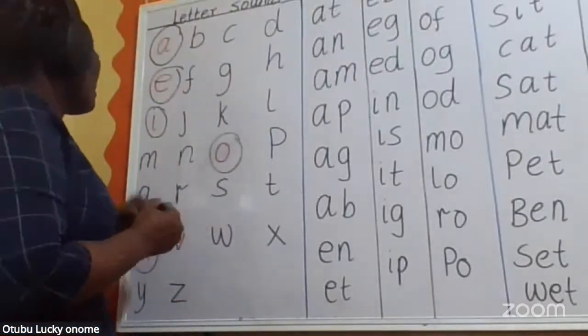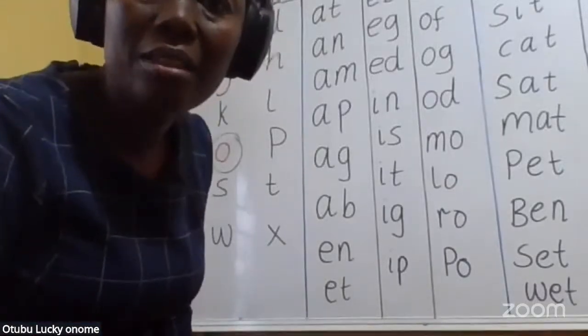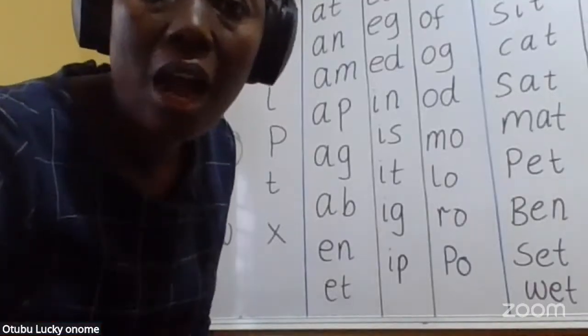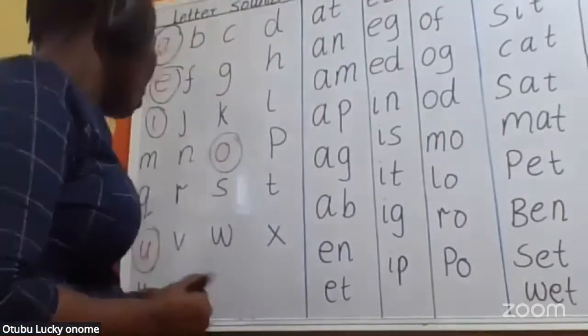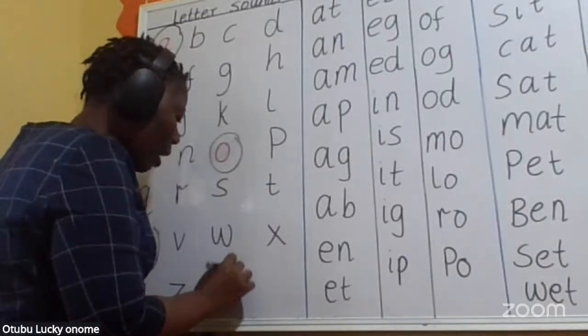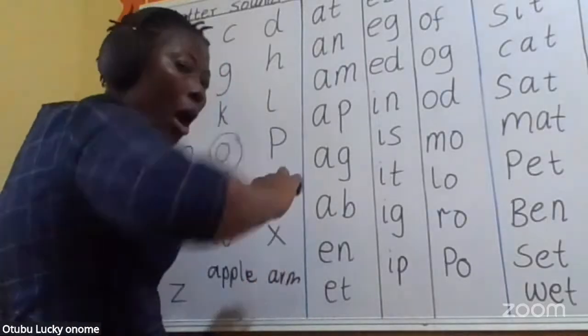Okay. So this is A. When you're pronouncing this one, you open your mouth. A, A, apple. So we have A in words like apple, A as in apple, A as in your arm. Show me your arm.